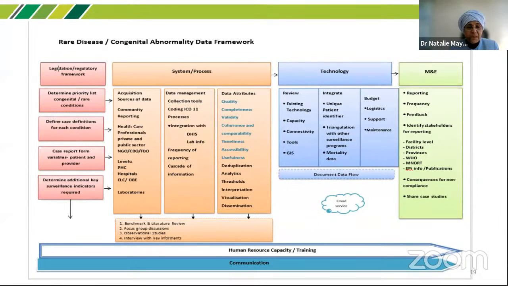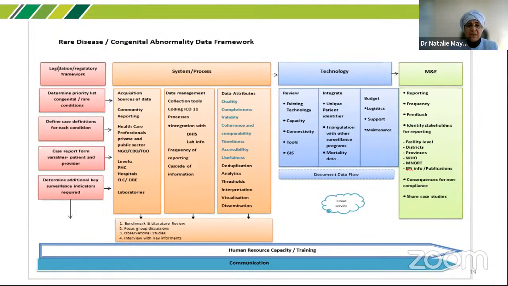The WHO talks about event-based surveillance versus indicator-based surveillance, where an event is, for example, a child born with a rare disease, but we may not know what that rare disease is at that time. That is a little unstructured and undefined, as compared to indicator-based surveillance, where it's defined and structured, and healthcare providers know what to report on.